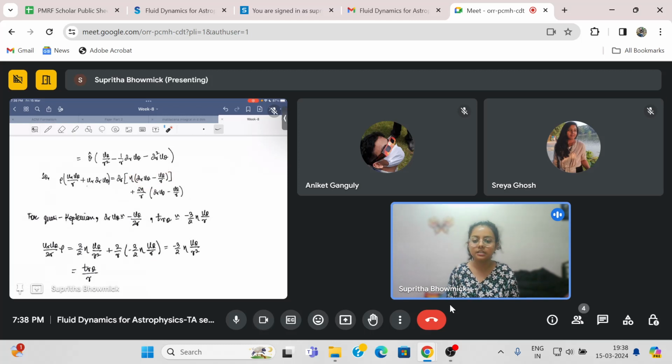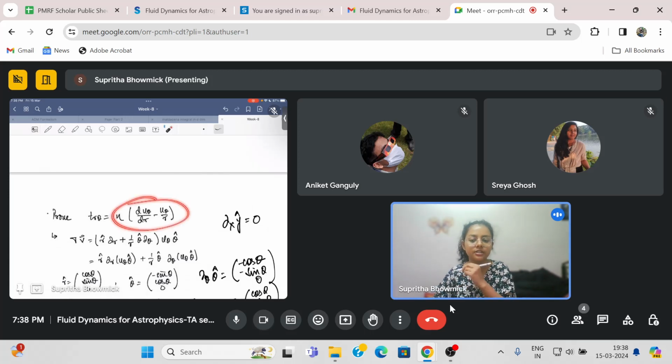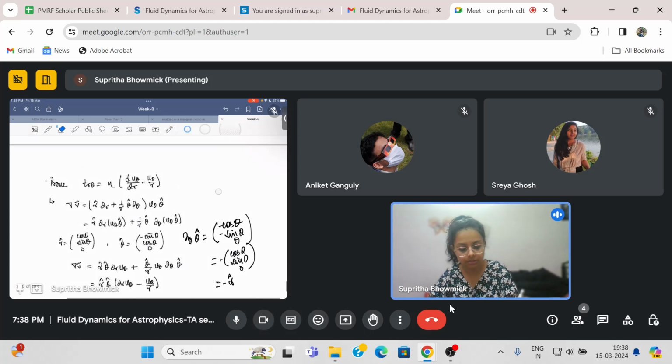This is interpreted as the gradient of the phi component of velocity, the azimuthal component of velocity, along the radial direction. So how does v phi change along the radial direction? This is what t r theta tells you, and this is related to, of course, eta times velocity gradients. Okay, I hope this was clear. If any questions, you can ask.